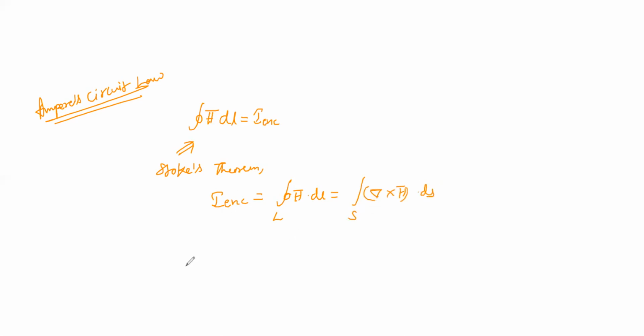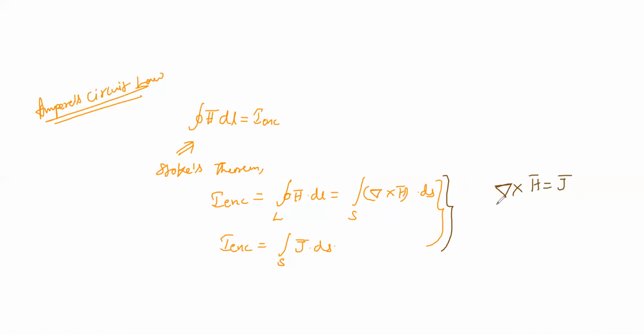We can also write I enclosed in terms of current density as the surface integral of J bar ds. If we compare these two equations, we get del cross H bar equal to J bar.